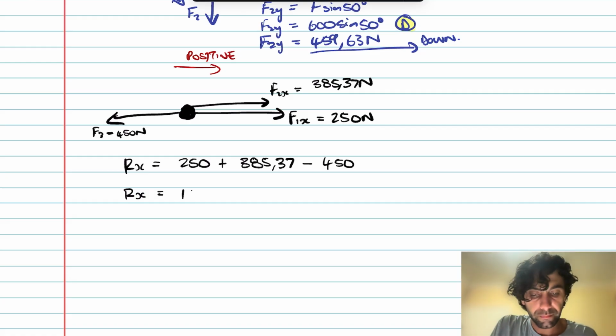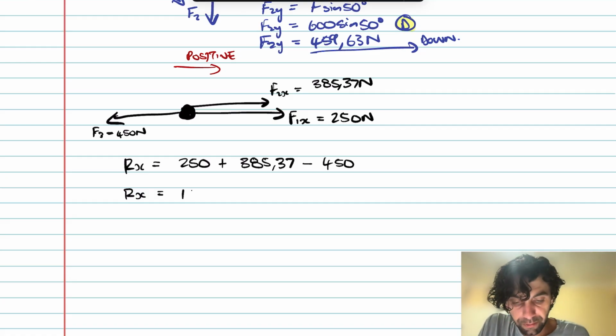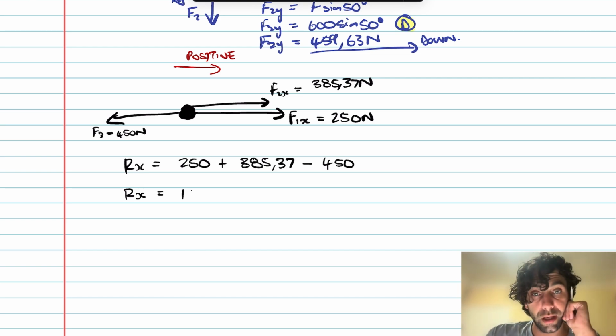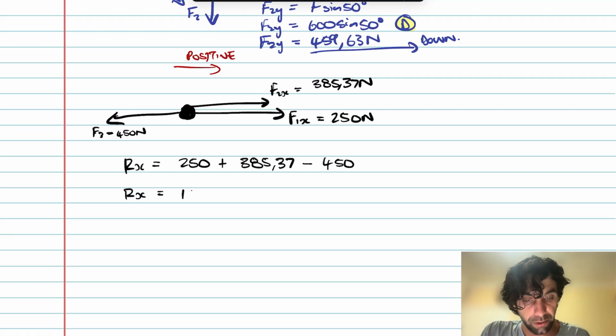Okay, let's quickly resolve our y components. Looking at the original plot here, we don't have any forces that are already acting upwards or downwards. We only have the two components, one of which is acting down and the other is acting up. Now I'm just going to choose up as being positive.